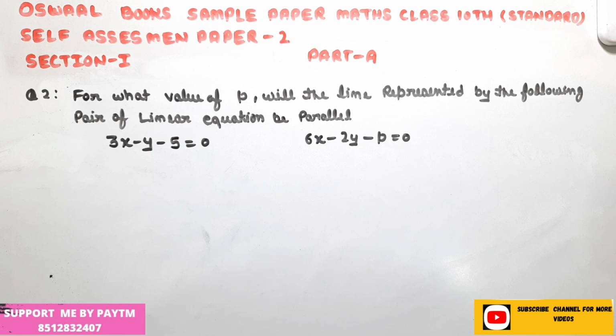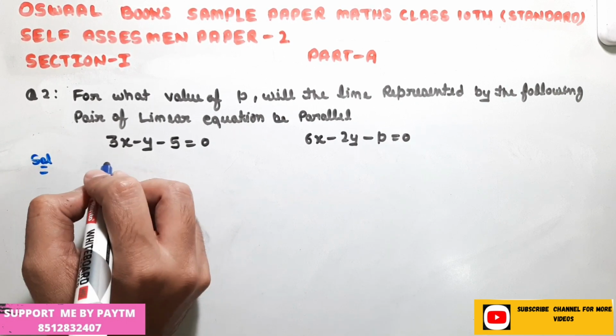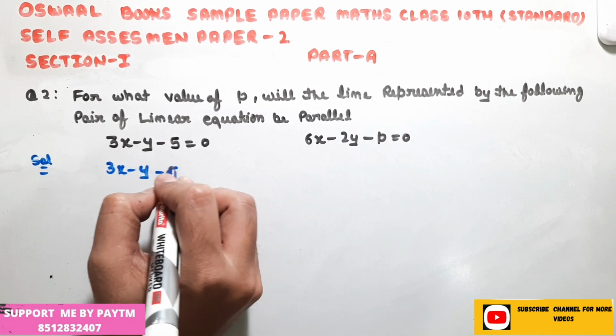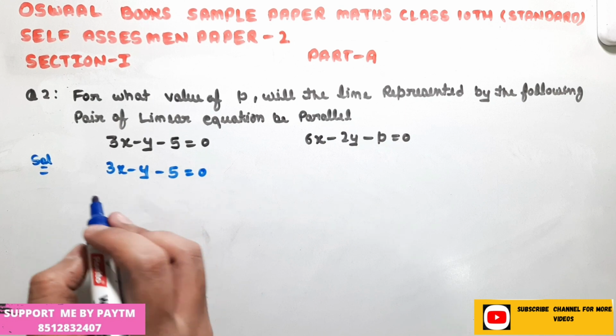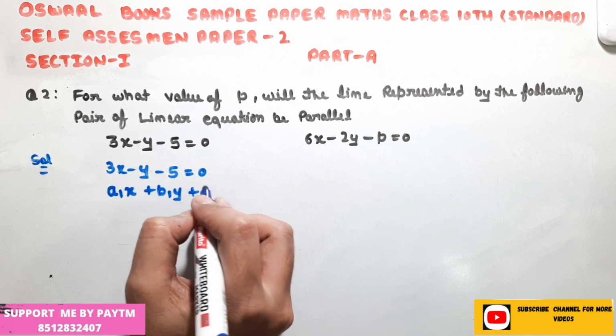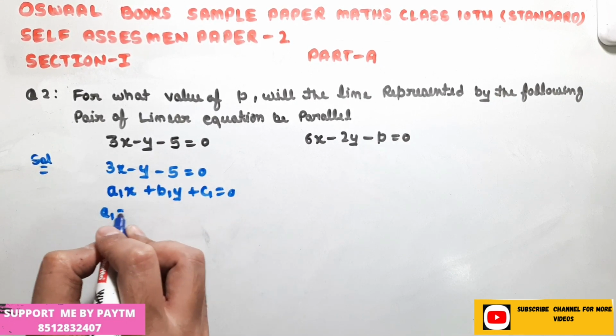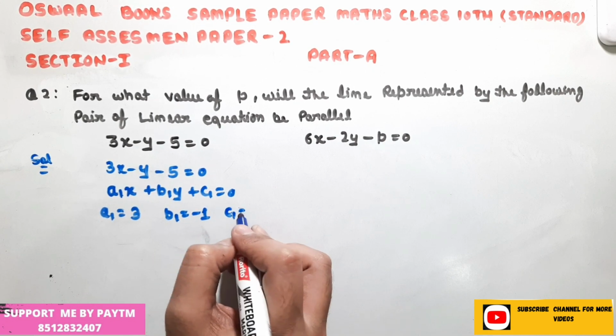Question number 3. For what value of p will the lines represented by the following pair of linear equations be parallel? 3x minus y minus 5 equals to 0, 6x minus 2y minus p equals to 0. In this problem, we have two linear equations. The first is 3x minus y minus 5 equals to 0. Comparing with the standard form a1x plus b1y plus c1 equals to 0, a1 will be 3, b1 will be minus 1 and c1 will be minus 5.